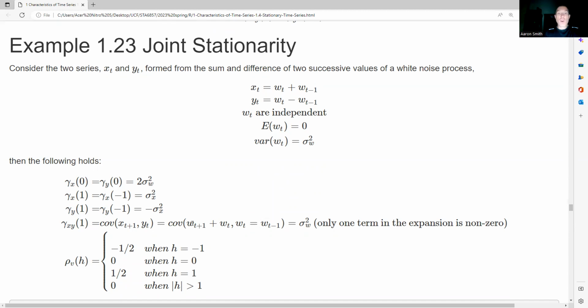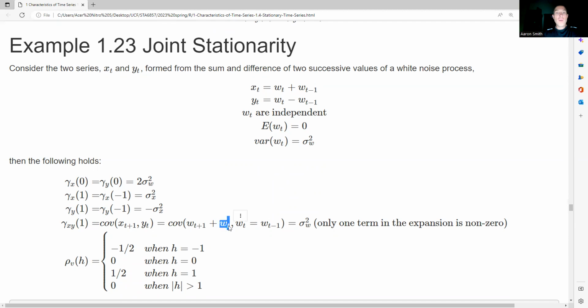If I sit down and do the covariance, when I expand out with the covariance formula, I'll notice that this term doesn't have any t plus 1, so it's going to cancel out.